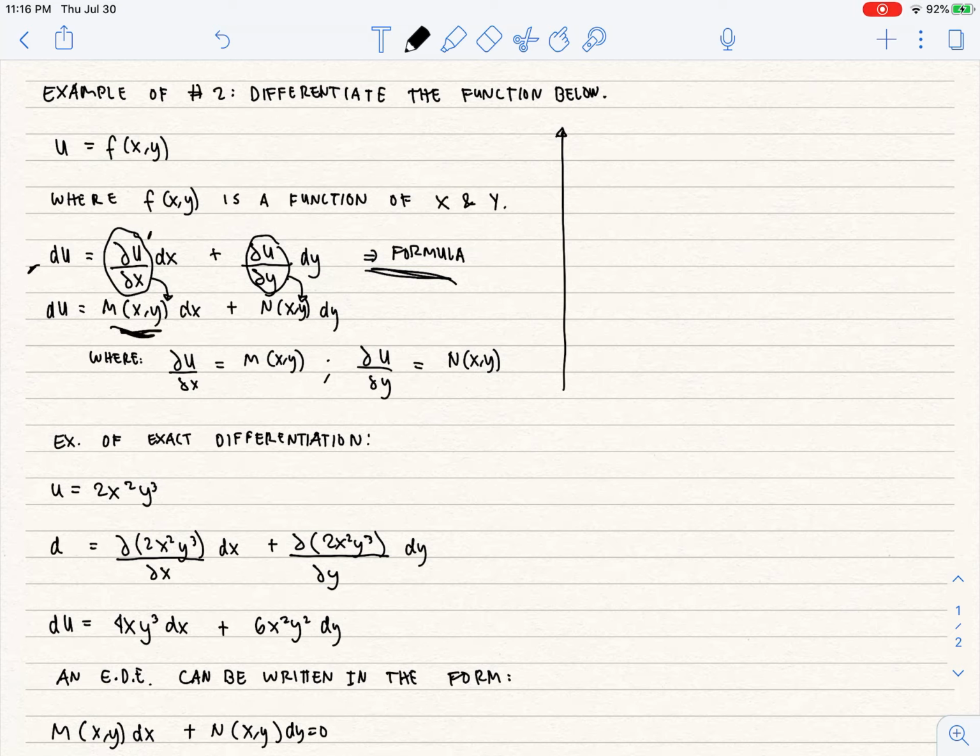So where the partial derivative of u with respect to x is equal to M of x and y. So masabtan na ang M contains both the variables x and y. Okay? So diri amo ni ang derivative sa u with respect to x. Okay? Then the partial derivative of u with respect to y is just N of x and y.